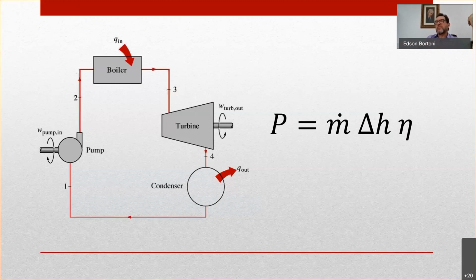The enthalpy depends on the pressure and on the temperature, so you can calculate the enthalpy and the efficiency of the turbine. So that is the power you can have here in the shaft: mass flow times the enthalpy variation and the efficiency of the turbine.